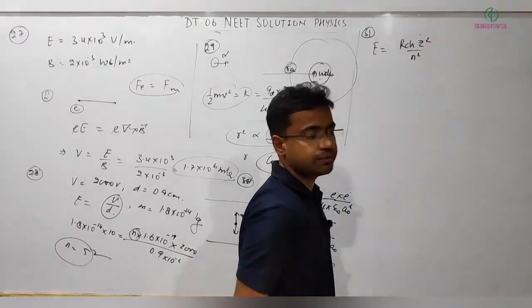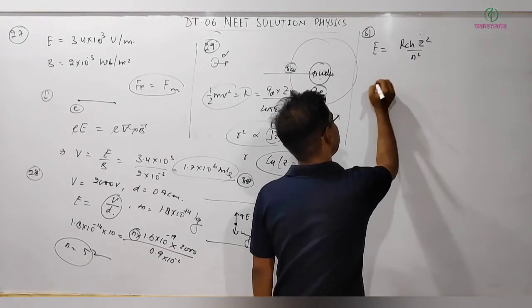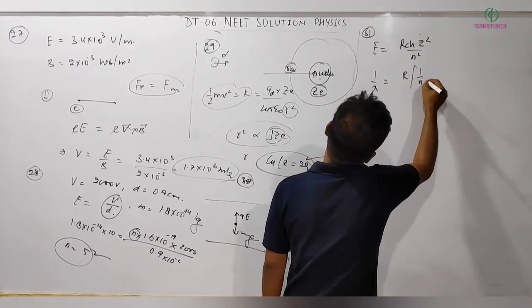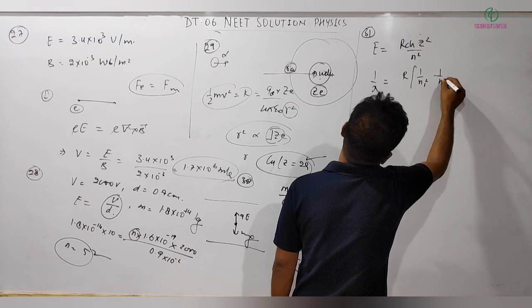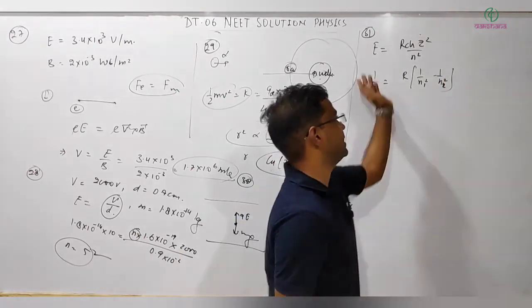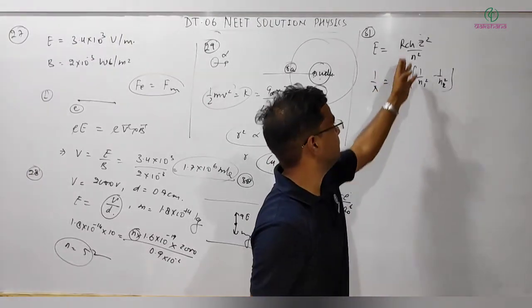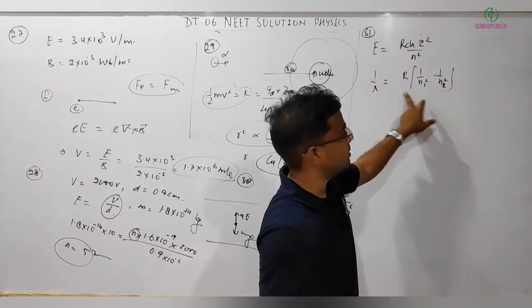Either you can derive it from here, or you must be remembering it as R times 1 by n1 square minus 1 by n2 square. So the difference in energy will be emitted in the form of radiation, and that you can write as hc by lambda. Rearranging it, RHc gets cancelled, and 1 by lambda comes out to be this.